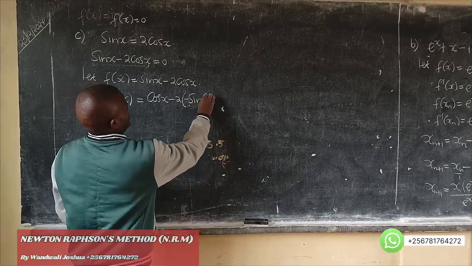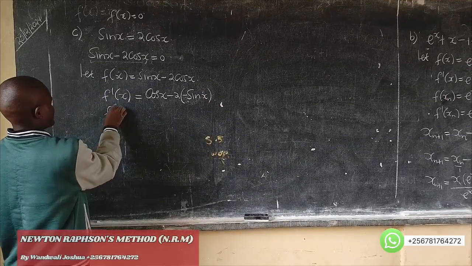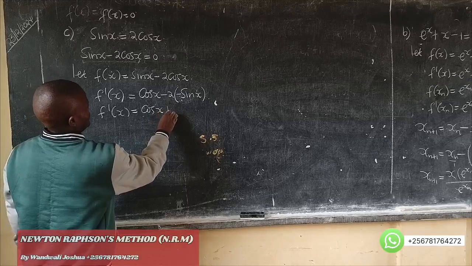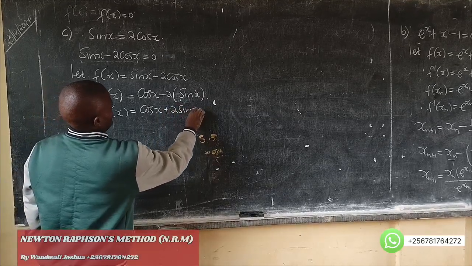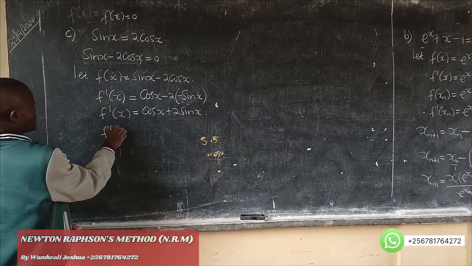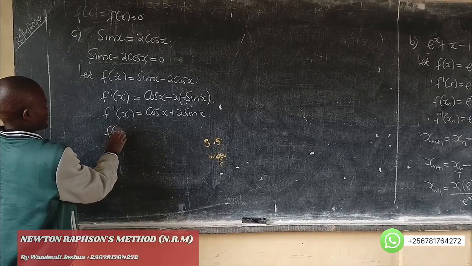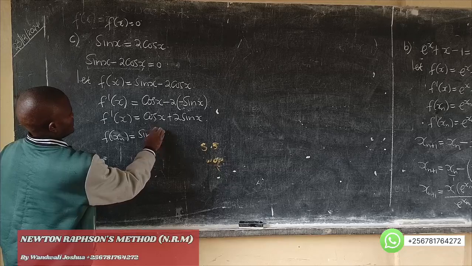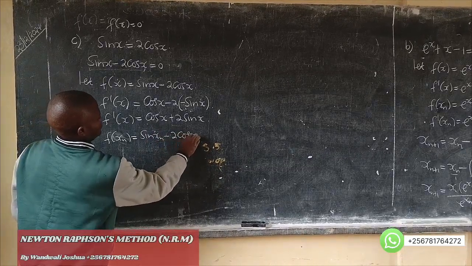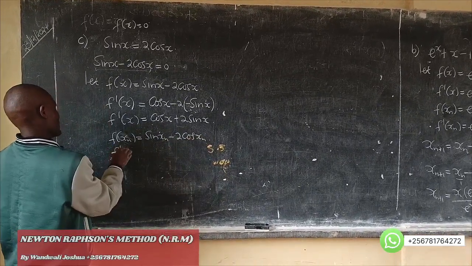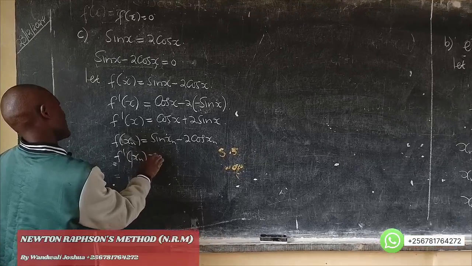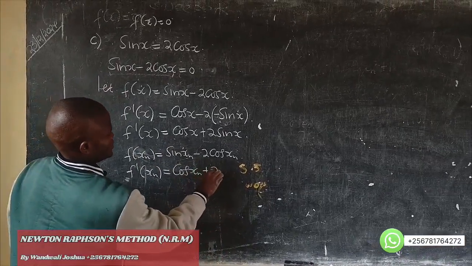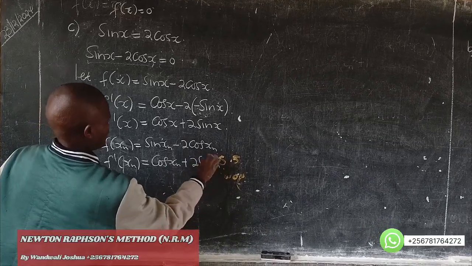So this is negative sine of x, and when I simplify this, I simply get cos of x plus 2 sine of x. Then substitute the xn: f of xn is sine of xn minus 2 cos of xn, and the derivative is cos of xn plus 2 sine of xn.